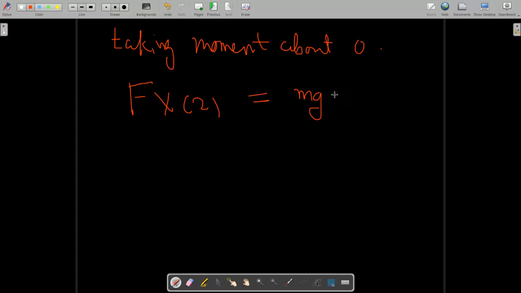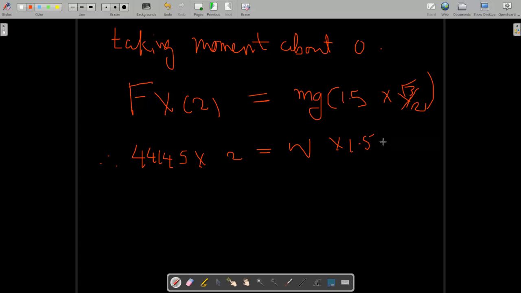So mg component into the distance is centroid distance 1.5, and this becomes root 3 by 2 because of the cos component. This is the force F we have found, 145 multiplied by 2. Mg is the weight we have to find, that is equal to 1.5 multiplied by root 3 by 2.